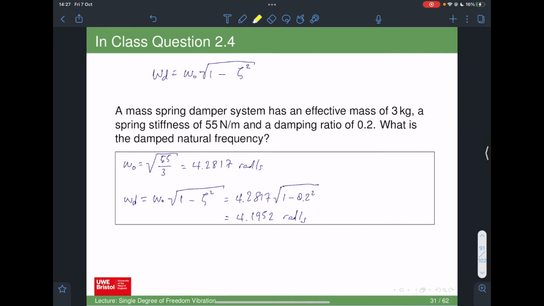So the damped frequency you can see is 4.1952. So you can see it's a bit slower than the natural frequency. This value is obviously less than 1.